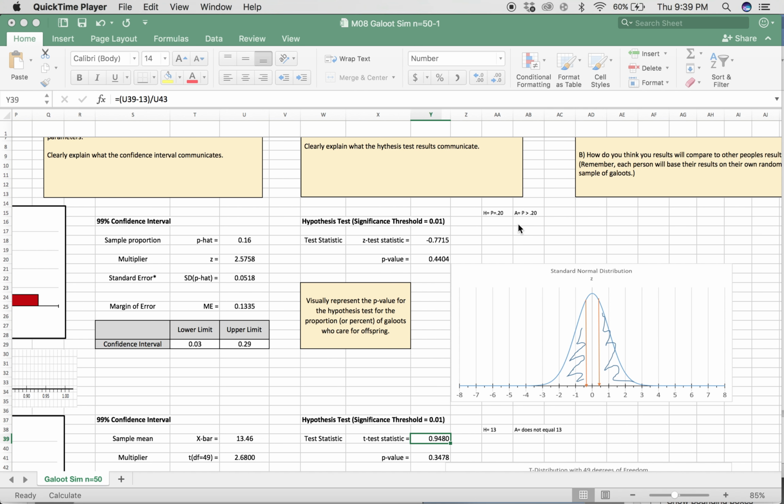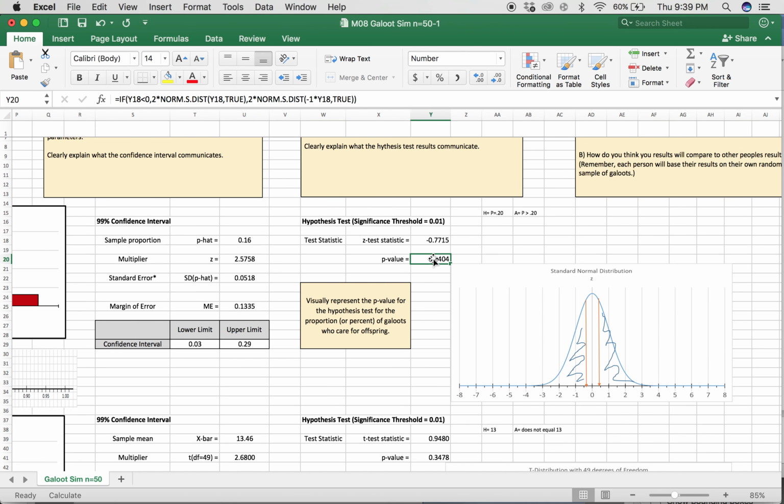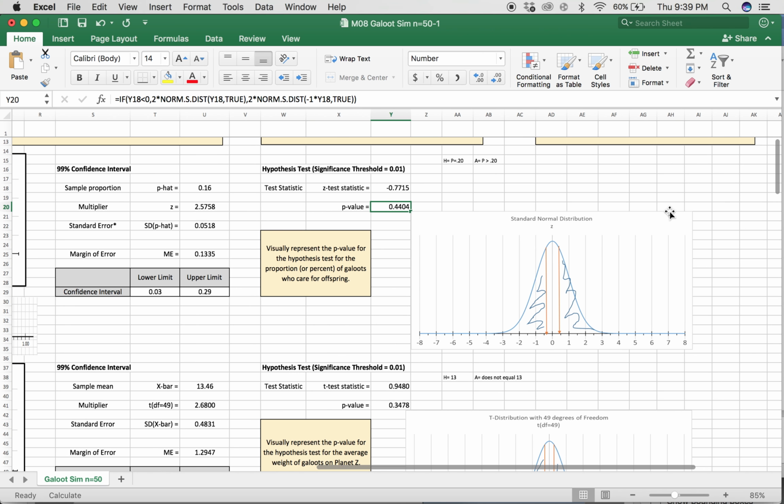Then you go ahead and calculate the z-test statistic for this one and the t-test for the other. The p-value for this ends up being 0.4404, which I represented over here. These are my nice shadings on the graph.